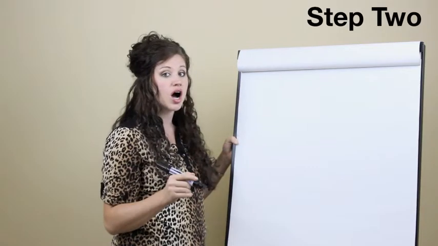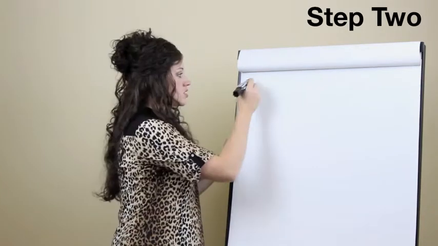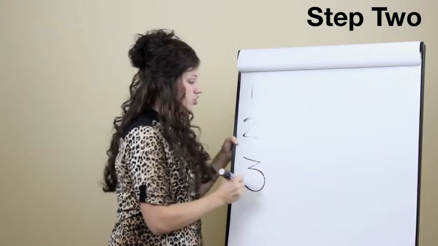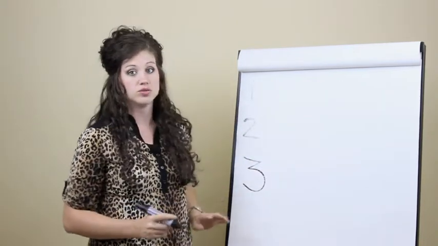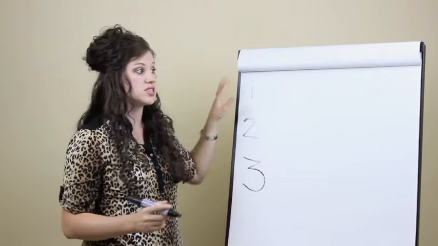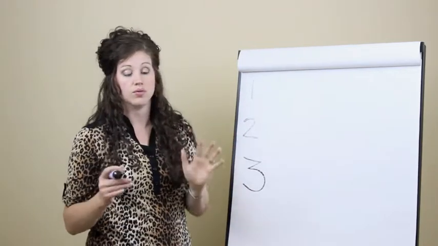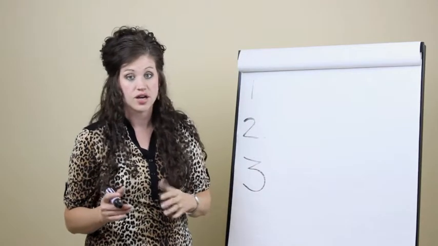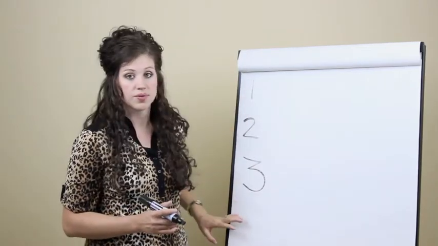Then you pick your top 3 and write them down. These are the top 3 things that, from your experience and knowing yourself, are most likely to trip you up.